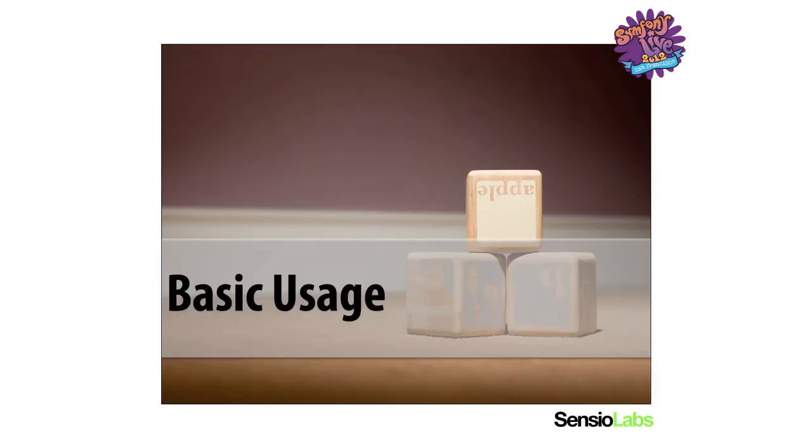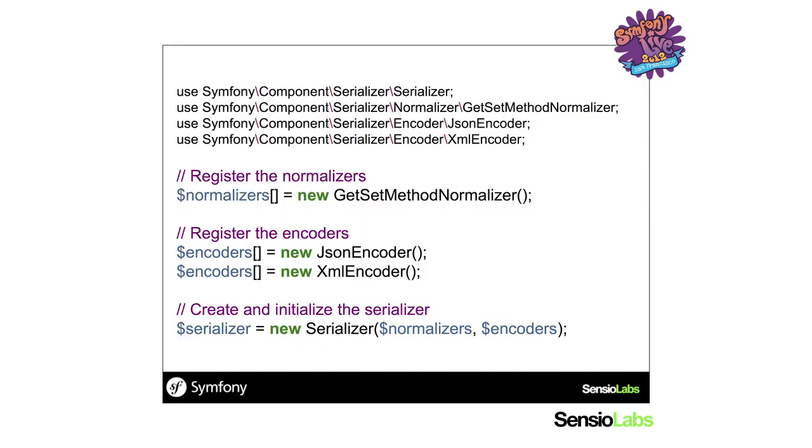If you want to use it in Symfony, you can use the component without the full stack framework, but if you want to use the full stack framework, there's no serializer service by default. So there's no integration for the serializer component. So you have to write it by hand. So first of all, you have to register some normalizers, and by default, this component comes with a GetSetMethodNormalizer.